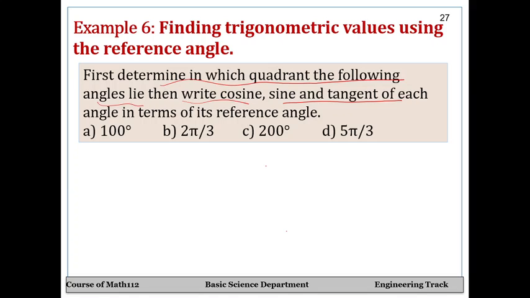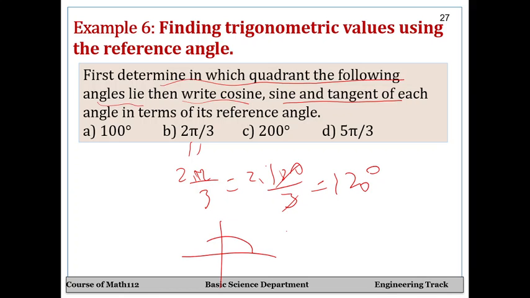Now how about this? 2 pi over 3 means 2 times 180 divided by 3. That will be 120, so 120 is here, and the reference angle is 60. All STC.